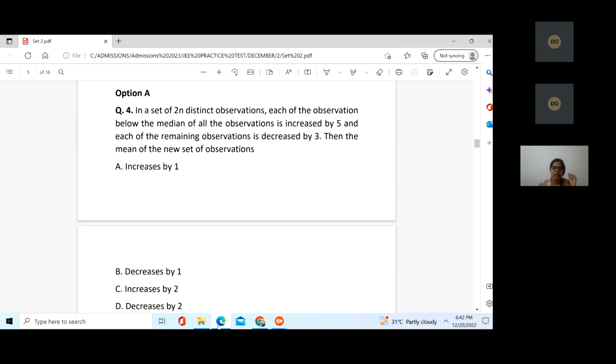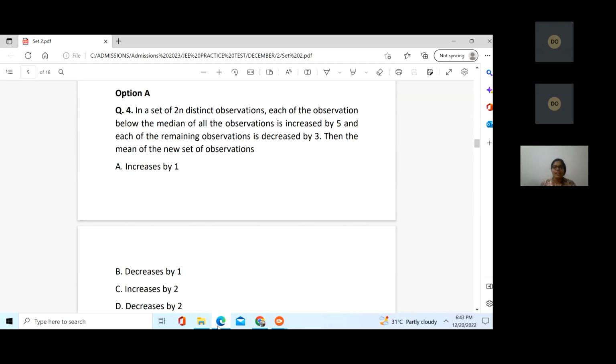So you need to start by thinking, what are the 2n observations? How will I be able to write them? How will I be able to derive the median? Once I have the median, which values do I need to increase by 5, and which values do I need to decrease by 3? Then how do I find the mean of the new set? This is something which has to be in your mind when you read this question.